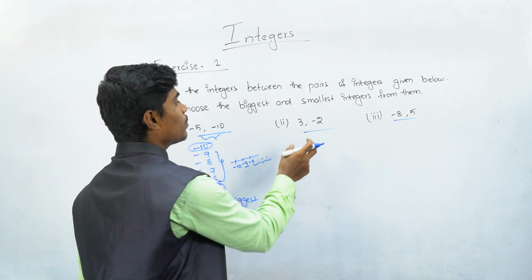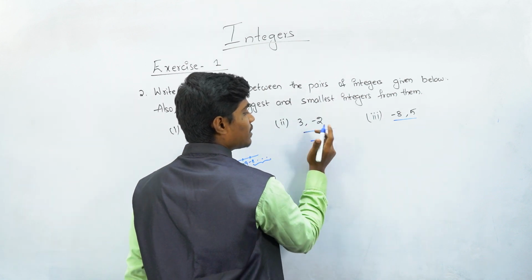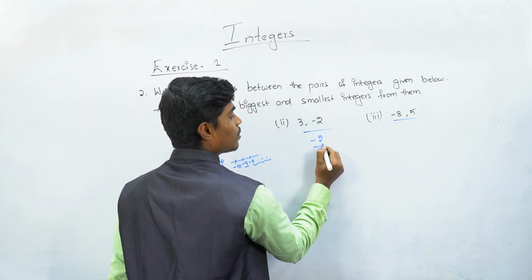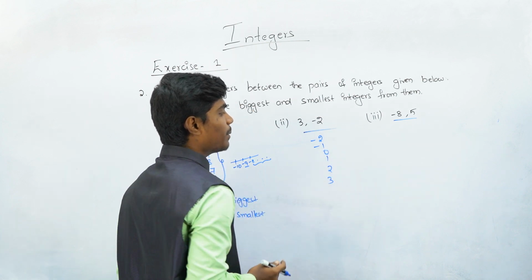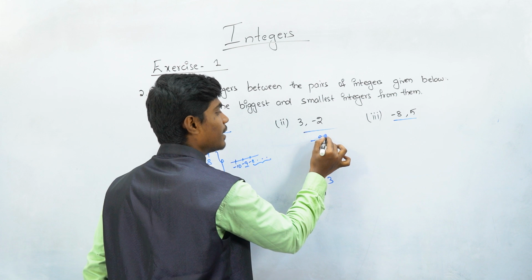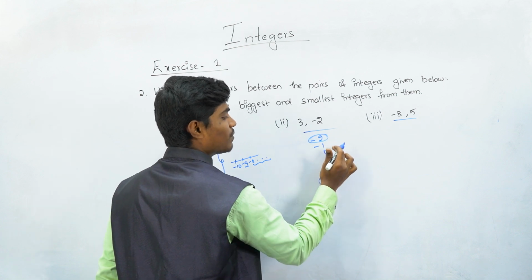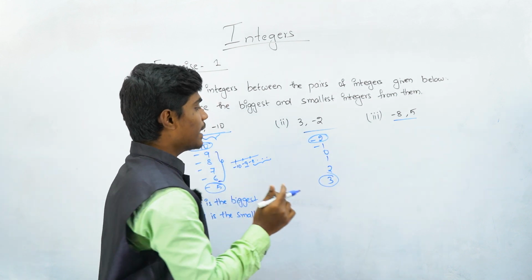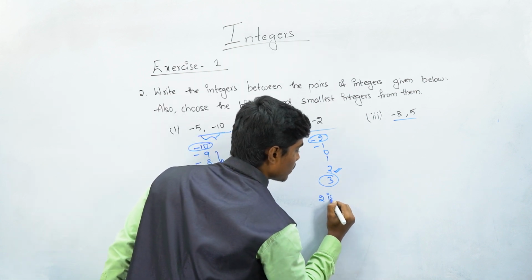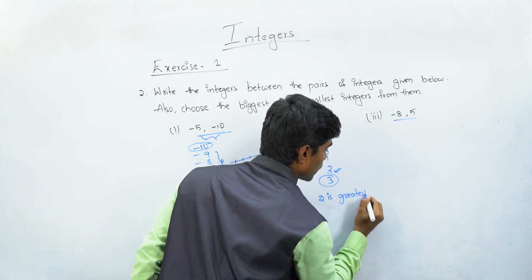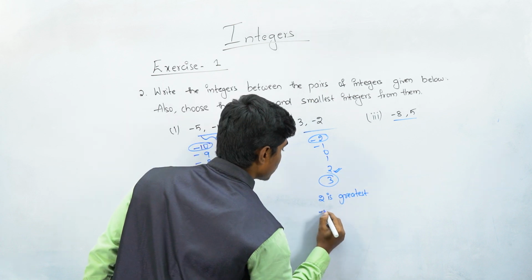Now let's go to -2 and 3. Let's start writing from -2: -2, -1, 0, 1, 2, 3. The numbers in between -2 and 3 are -1, 0, 1, 2. Here 2 is the greatest and -1 is the smallest.